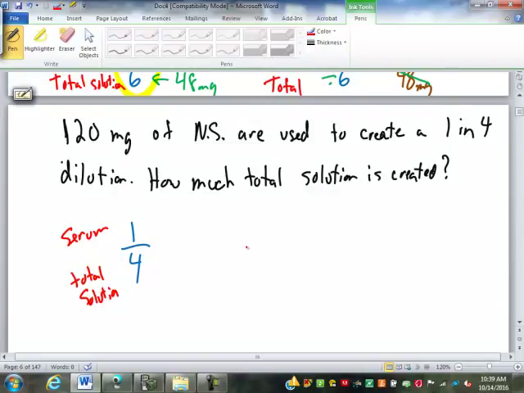Am I comparing the water to the total solution or to the serum? I'm looking for how much total solution. So I'm going to be comparing water to total solution. I don't know why I'm forgetting to use NS today instead of just water.